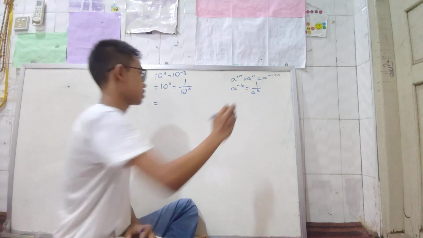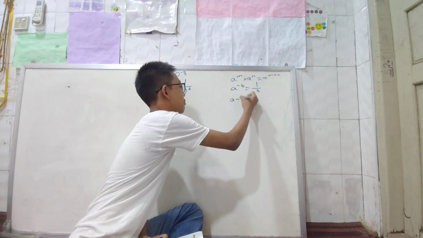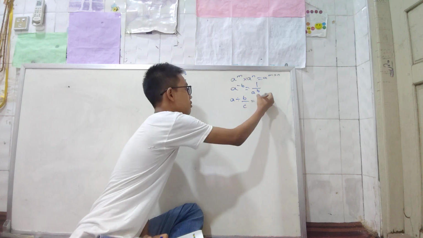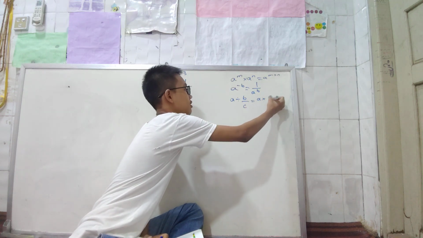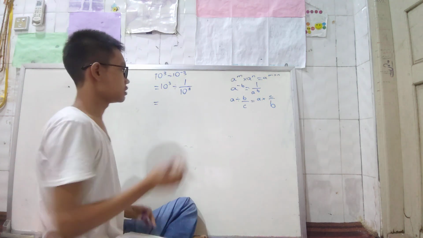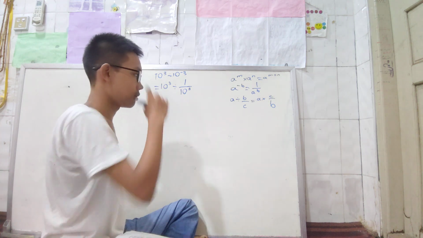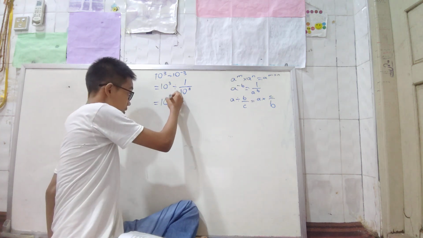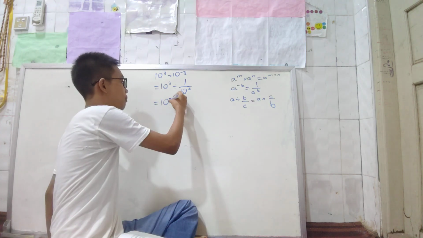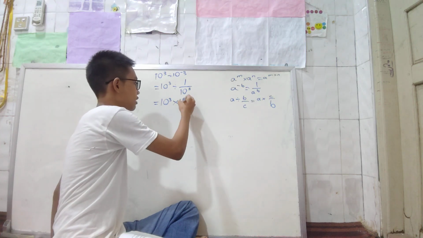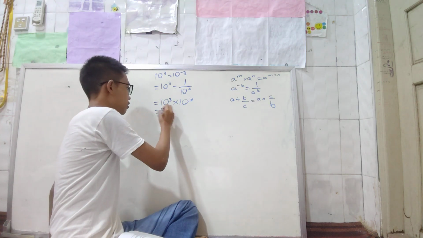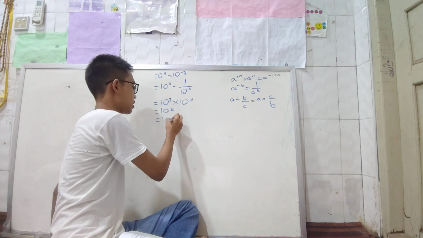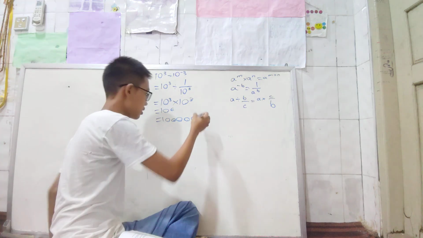Again, we're going to use this rule: a divided by b over c equals a multiplied by c over b. So 10 to the power of 3 multiplied by 10 to the power of 3, which is 10 to the power of 6, which is a million.